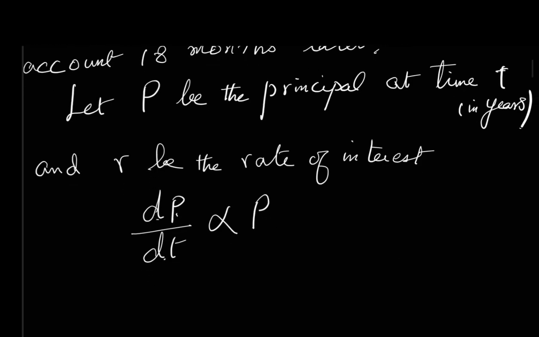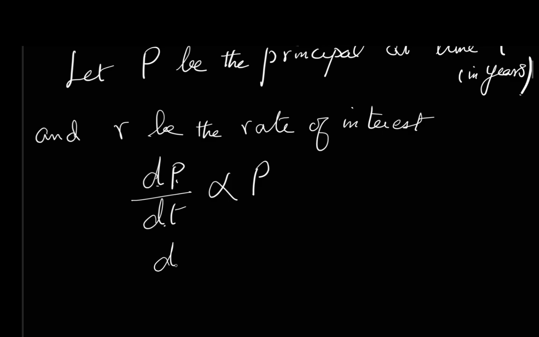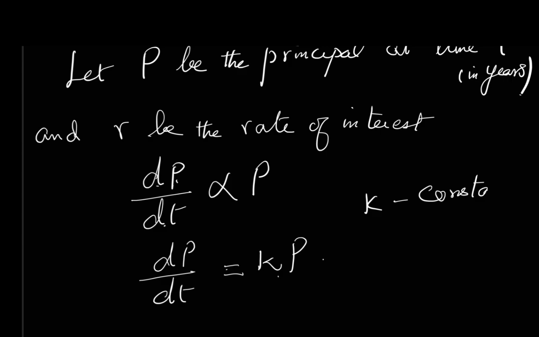to the amount P. So dP by dt is equal to some constant times P. That constant is the rate of interest, K, the constant they have already given as the rate of interest.